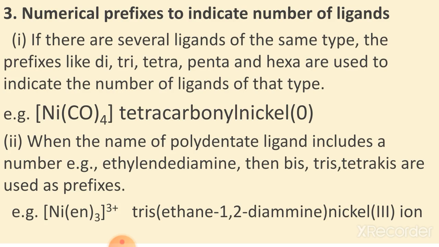Here en is 3 times, so we use tris: tris(ethane-1,2-diamine) nickel(III). Here the charge on nickel is +3 and the charge on en is 0, so when you calculate the oxidation number of nickel, you find it is +3. In this way you can use di, tri, tetra, or bis, tris, tetrakis.